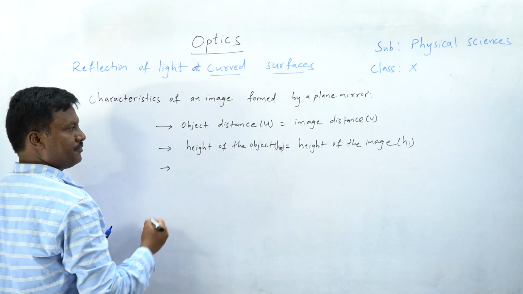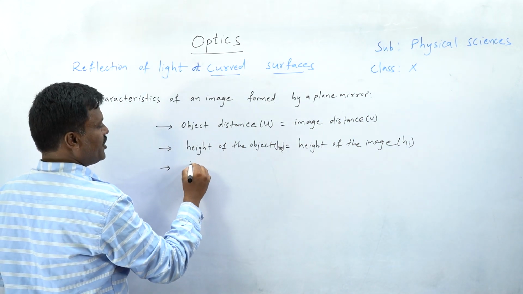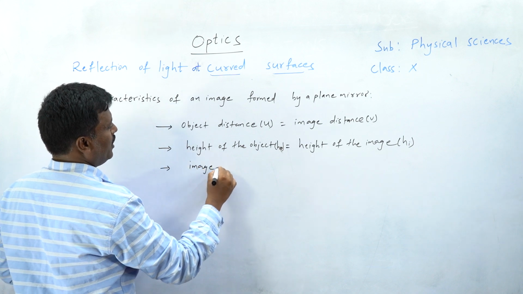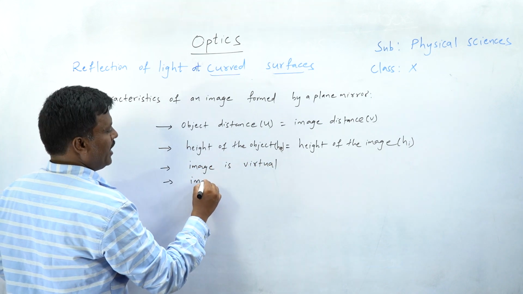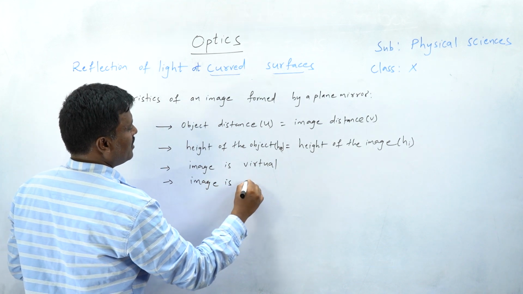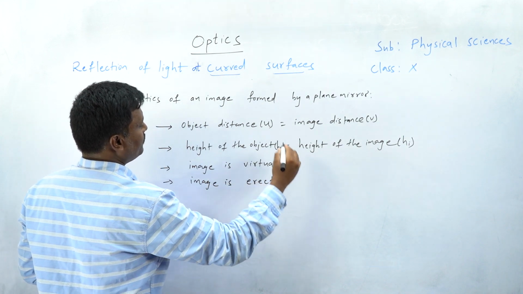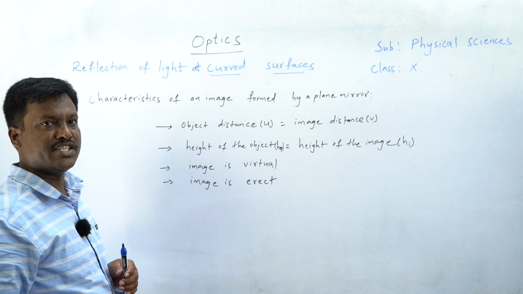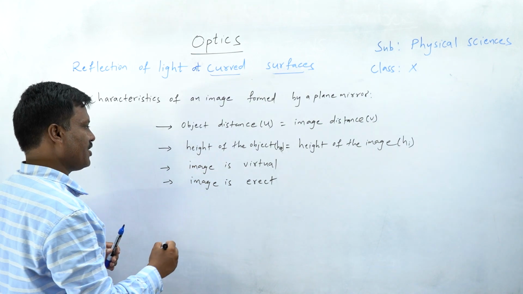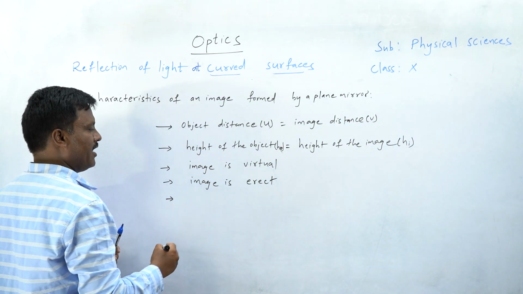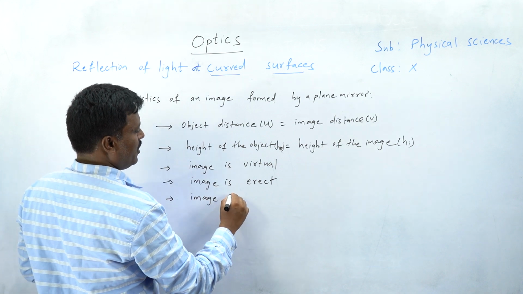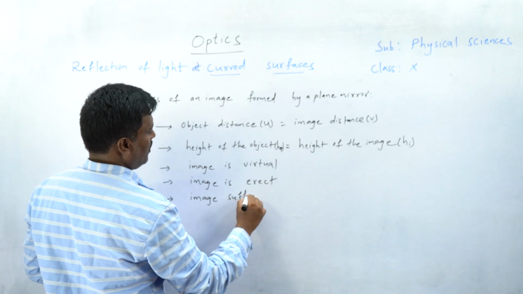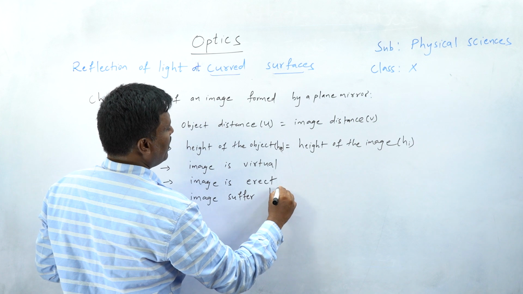And third character, image is virtual and image is erect. And the last character, image suffers lateral inversion.